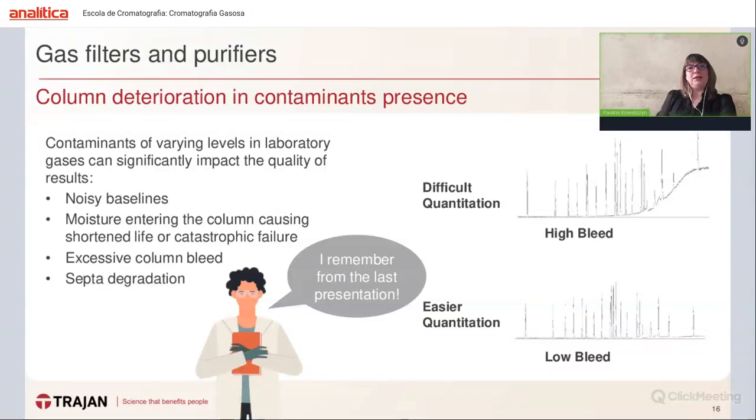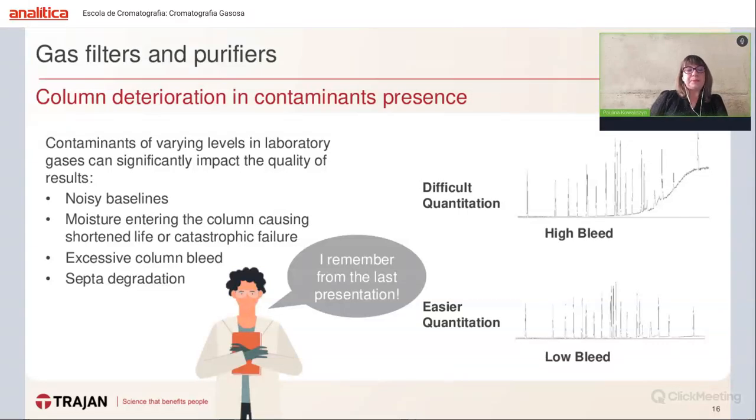And here we've got 2 chromatograms again, showing us the high bleed and low bleed. So contaminants in our gas lines can lead to column deterioration, and I hope that you remember from our last session how we can avoid the column deterioration, or how we can stop it, and what signs are telling us that our column is deteriorating.